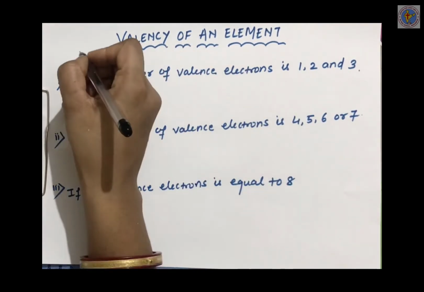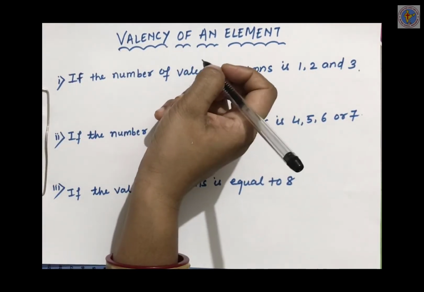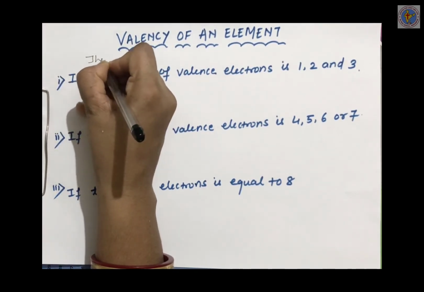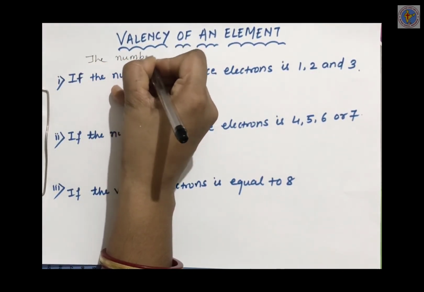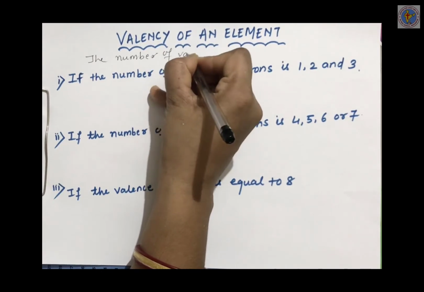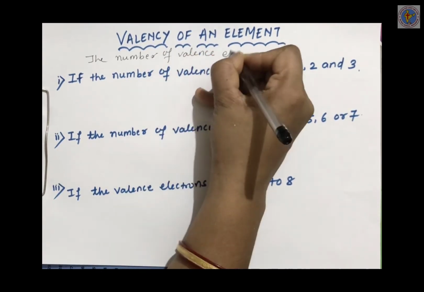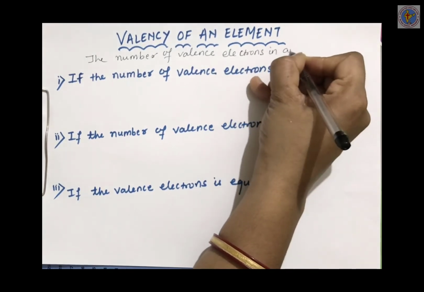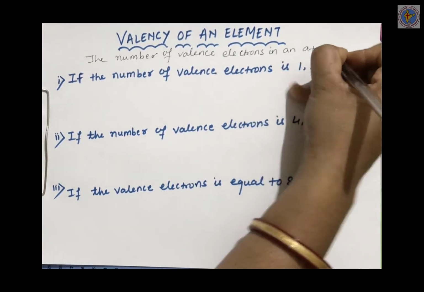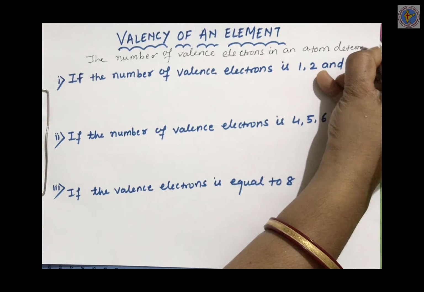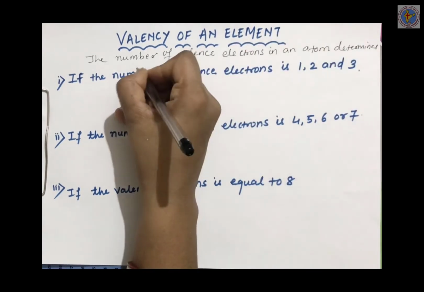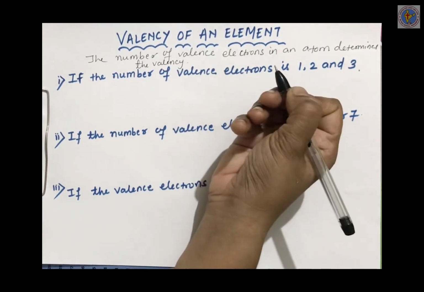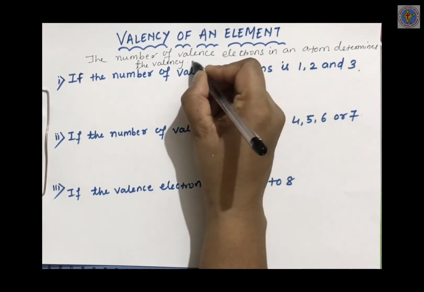The number of valence electrons in an atom determines the valency. That means we can find out the valency by knowing the number of valence electrons.